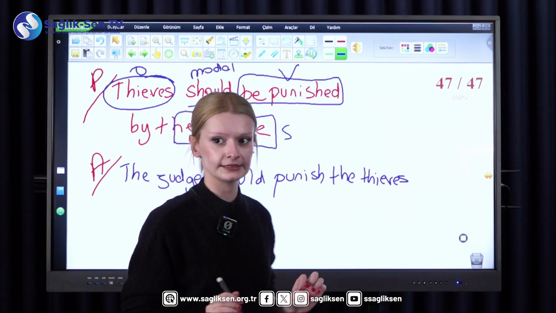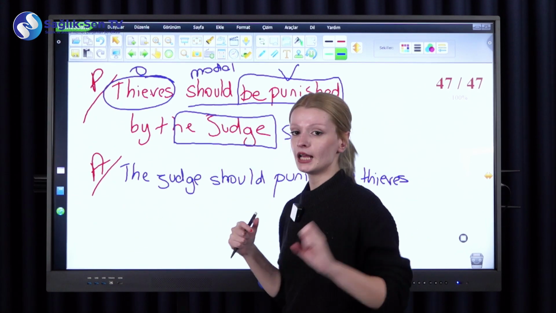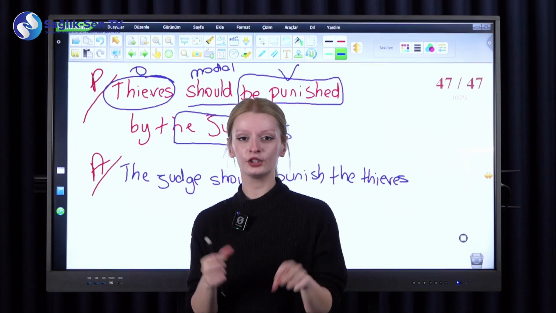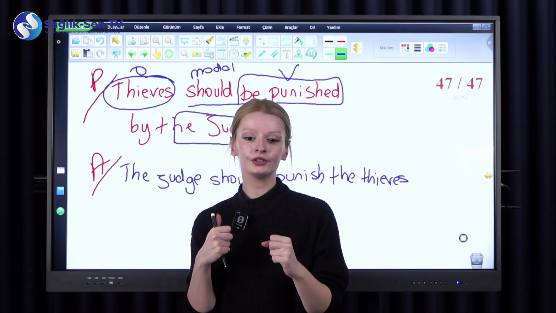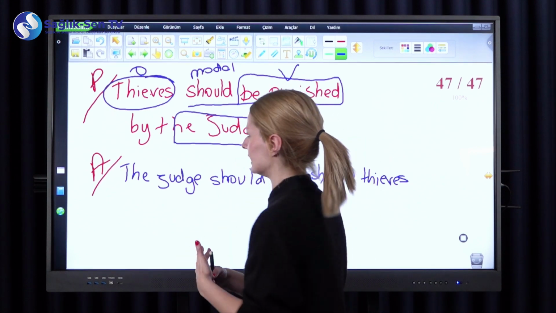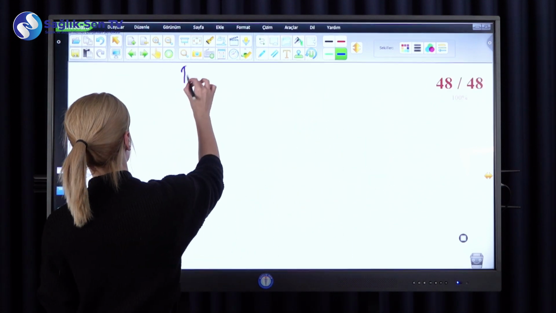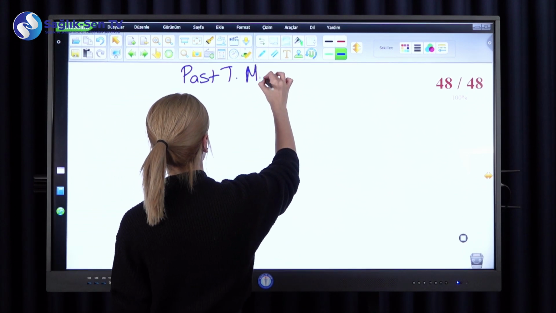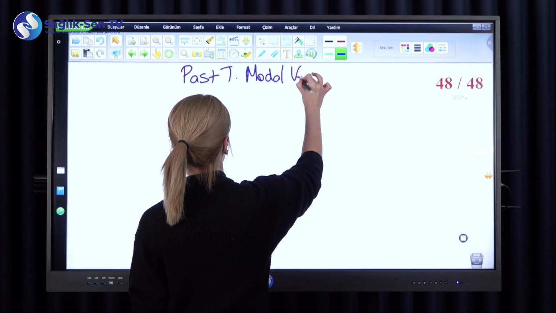This is a sentence in present simple, but I want to use both modal verbs in passive voice and also I want to use it in past tense. Past tense and modal verbs.